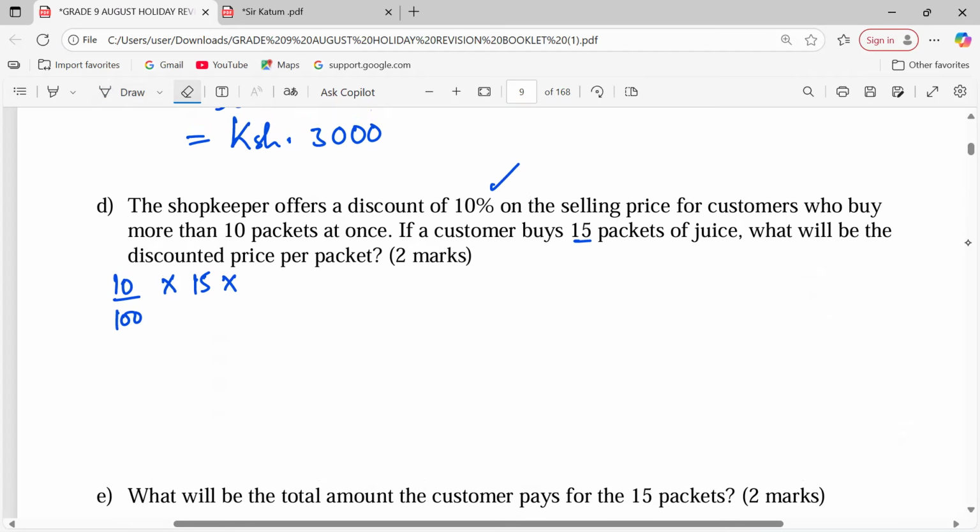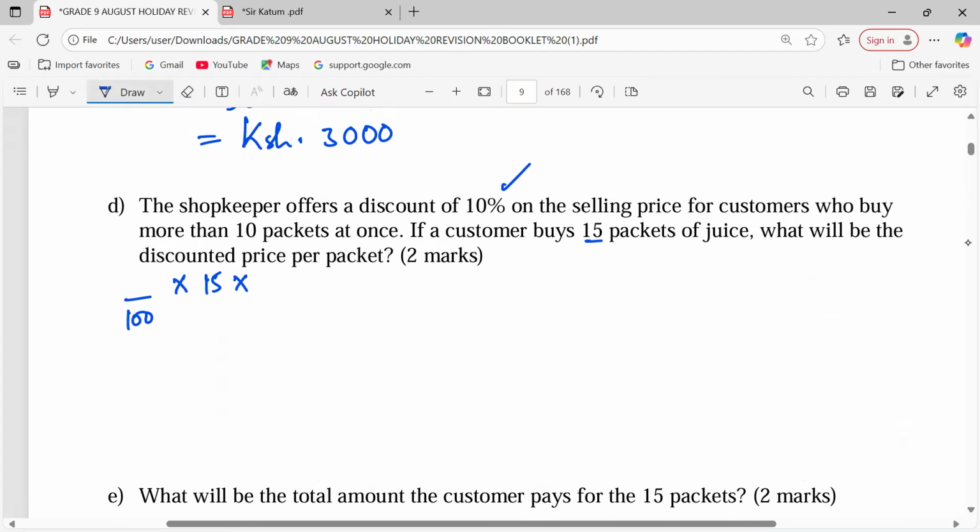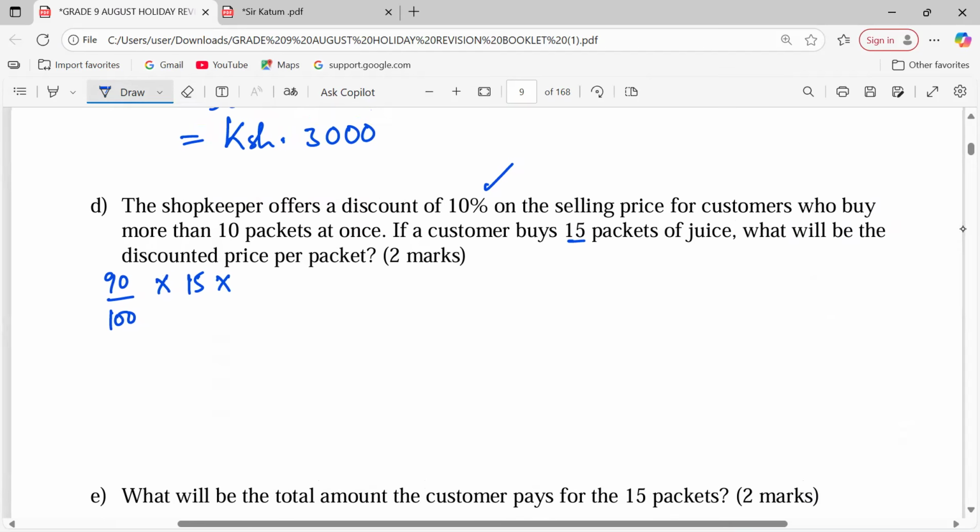So this particular customer is going to pay 90% per packet instead of the full 100% because of the 10% discount that they shall be enjoying. So we need 90% of 15, and each packet is sold at 40. So 90%, we multiply by 15, then times 40. So we are going to pay 540.